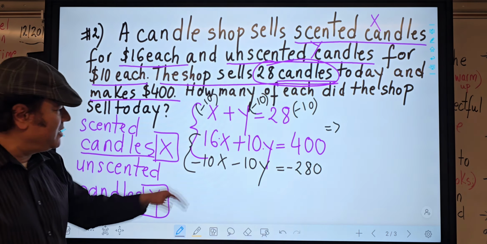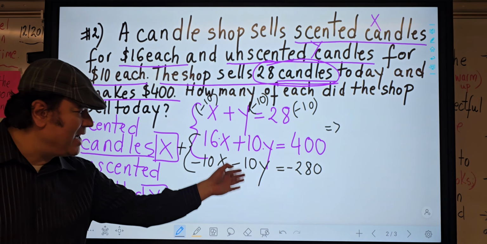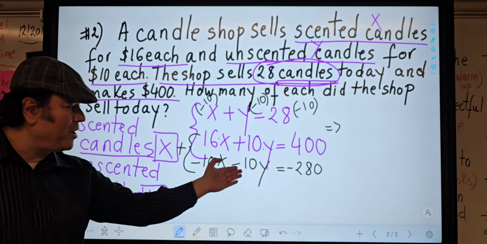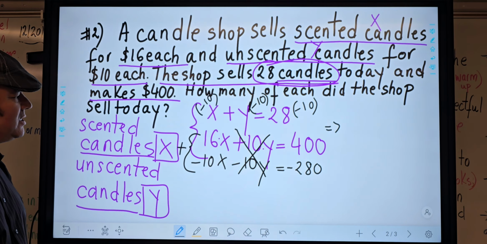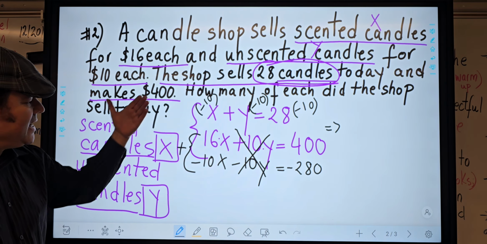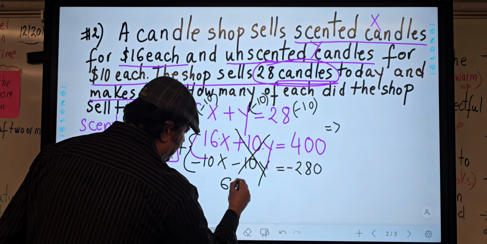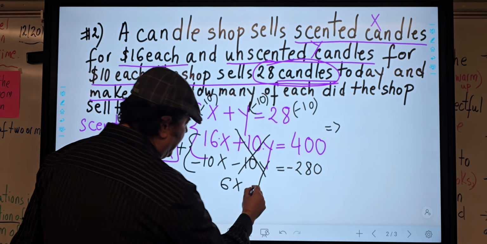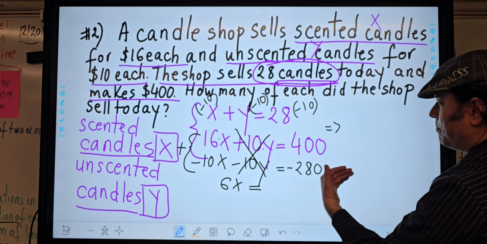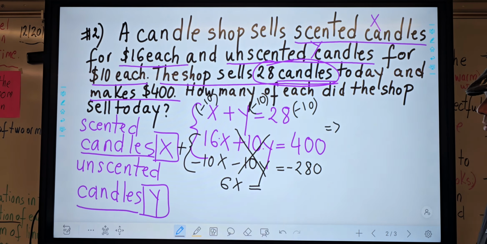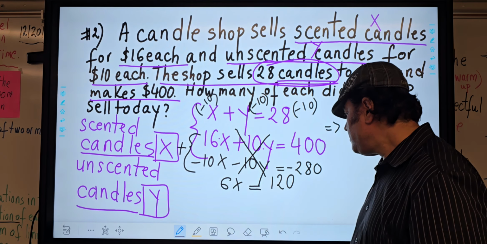If we add the top and the bottom, we are able to cancel the Y, because 10Y plus negative 10Y cancels out. Let's see what is left over. 16X minus 10X becomes 6X, Y cancels out, equals 400 minus 280, which is 120.